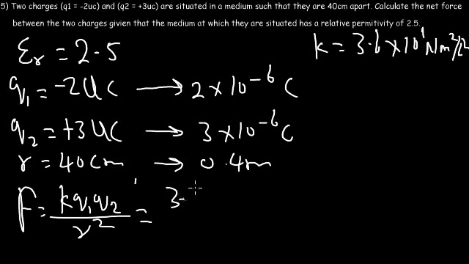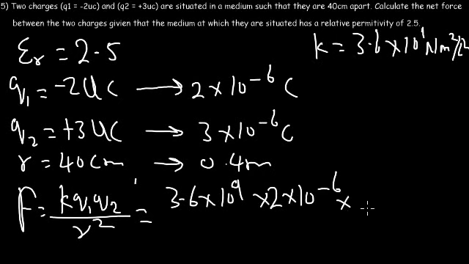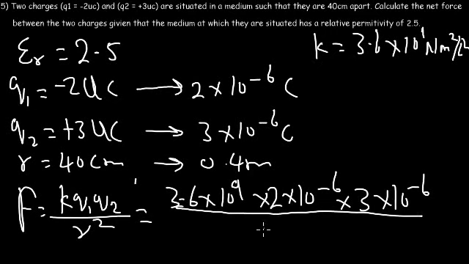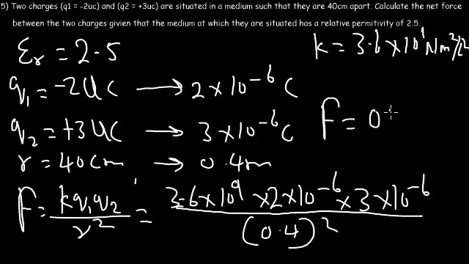So k is 3.6 times 10 to the power of 9, multiplied by q1, which is 2 times 10 to the power of negative 6, then multiplied by 3 times 10 to the power of negative 6, all divided by r, that's 0.4, all squared. I'm going to type everything in my calculator. If you type that properly, you should have the electric force equal to 0.135 newton. And that is the final answer to this problem.